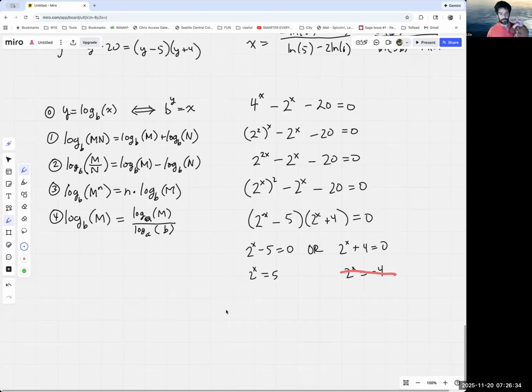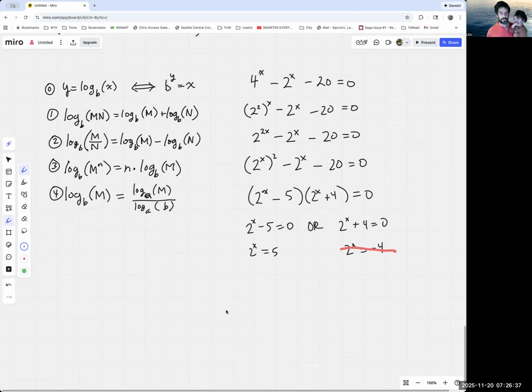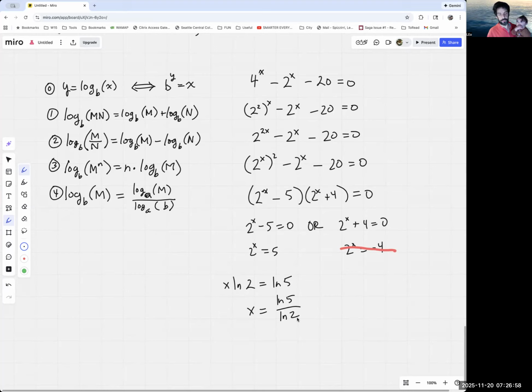And so to see what 2 to the x equals 5 is, I could just use property 0, but I'm going to go with my habit of using natural logs, and so this becomes x natural log of 2 equals natural log of 5, or x equals natural log of 5 divided by the natural log of 2. And that's something you can plug into a calculator to get an answer. Okay, that's it for this one.